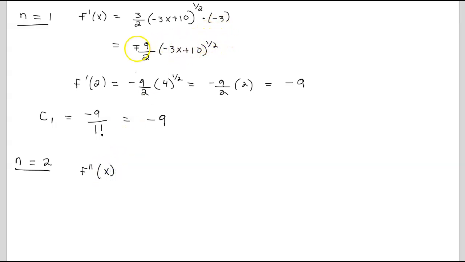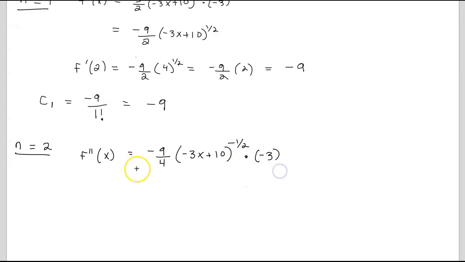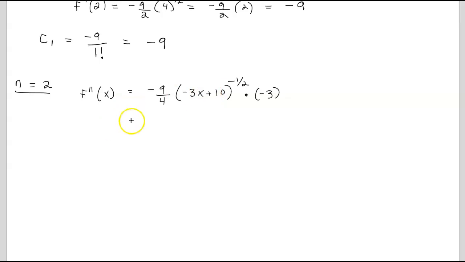And here we'll bring the 1/2 down, and you'll get negative 9/4 times (negative 3x plus 10) to the negative 1/2 power multiplied by the derivative of what's inside again, which is negative 3. Simplifying this, we get 27/4 times (negative 3x plus 10) to the negative 1/2 power.